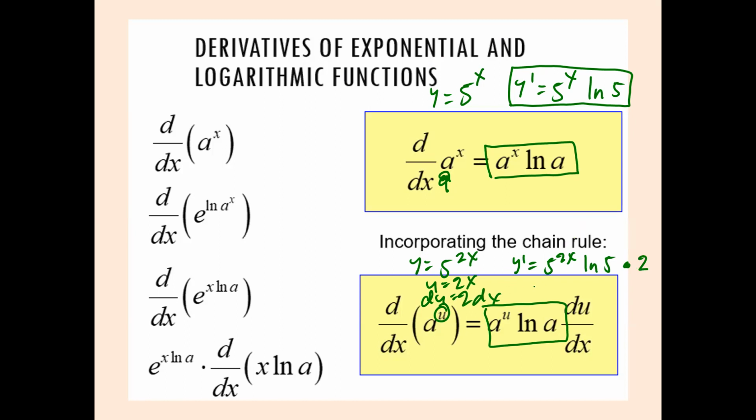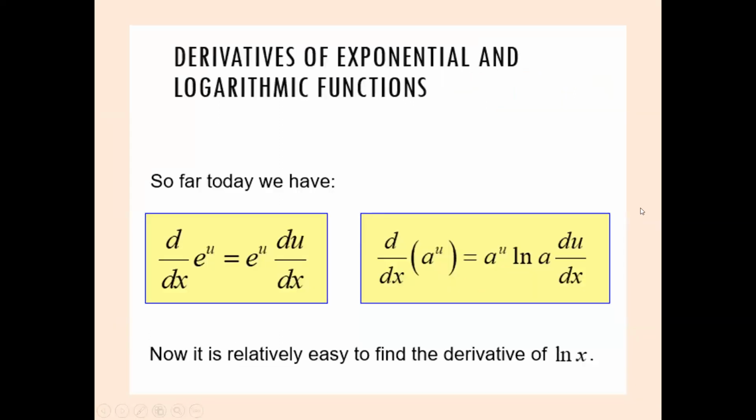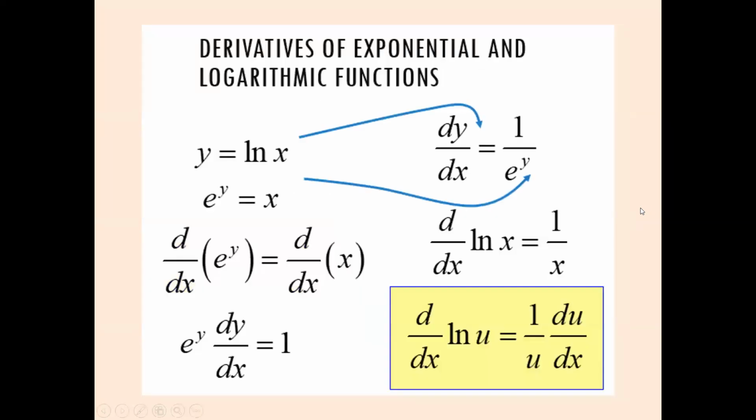Okay, so ang gagawin na lang natin ngayon dyan ay ayusin. So 5 raised to 2x times 2 ln 5. So yan yung final answer natin. Next. Okay, so wag niyong kalimutan yan, dalawa.